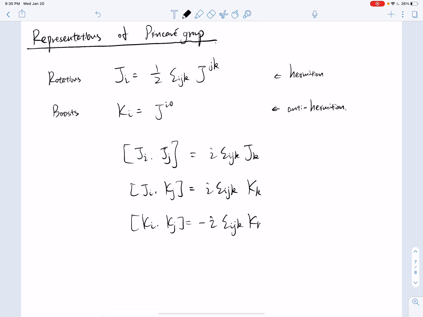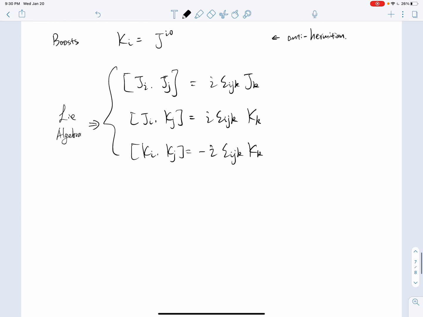The K's have a minus, so the algebra reduces to this. The interesting feature is that for the J's, we obtain the Lie algebra of the SU(2) group, which we're familiar with from learning about spin in quantum mechanics. But the J's and K's are still mixed with each other, and it's rather difficult for us to deal with this. So let's redefine them.